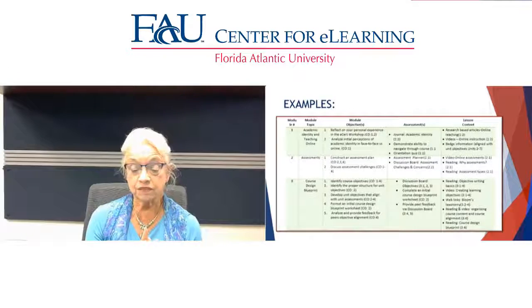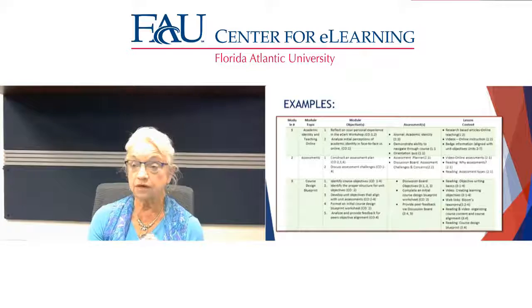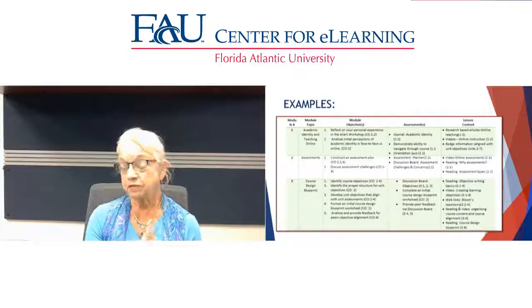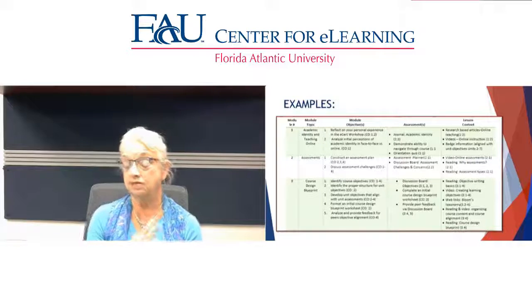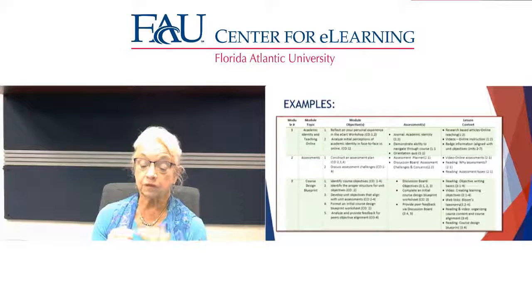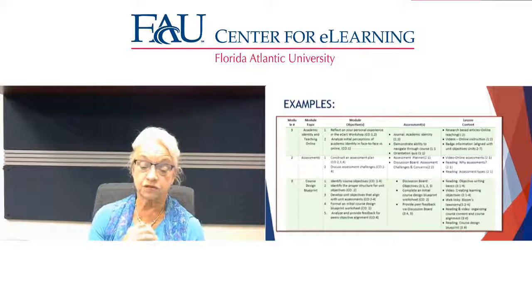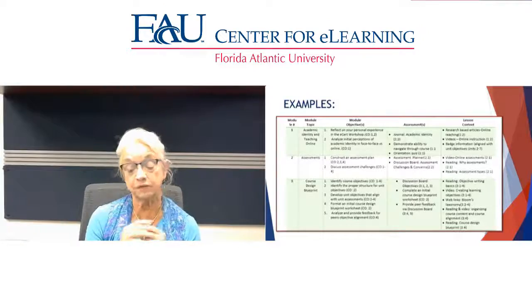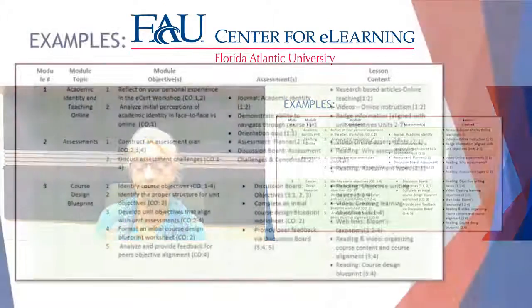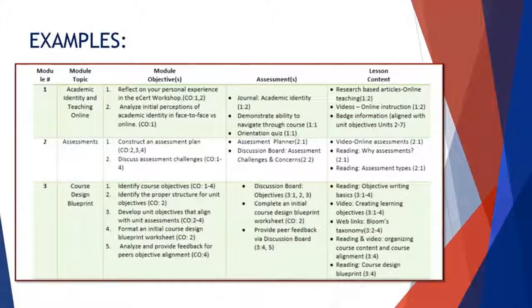This is the one that we use here, and as we work with you in the workshop and through the e-design process, we will work with you on developing that. When you see the numbers in the parentheses after each item, that's the alignment piece. Under module objectives, it shows how each of those module objectives lines up to the course objectives.